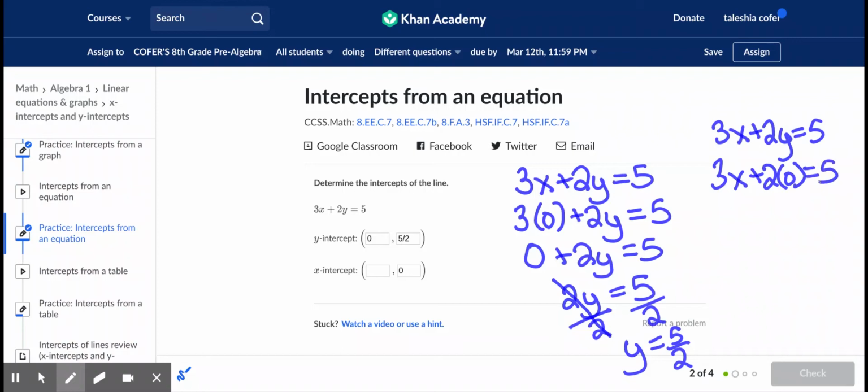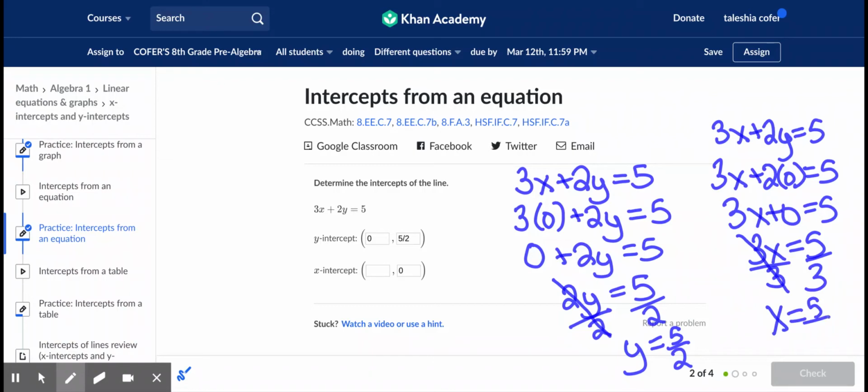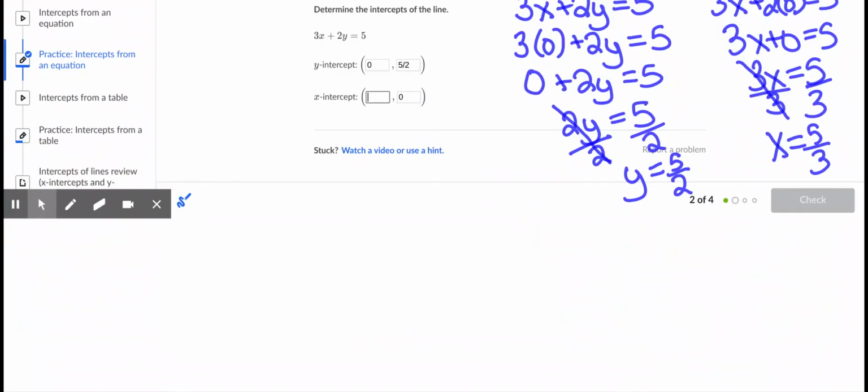I know that 2 times 0 is 0, so now I have 3x plus 0 equals 5, or just 3x equals 5. The opposite of multiplying by 3 is to divide by 3 on both sides. My 3's cancel out, and I'm left with x is equal to 5 thirds. So I go right back over here, and I type in 5 thirds.